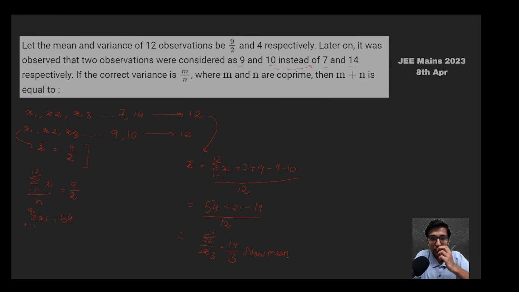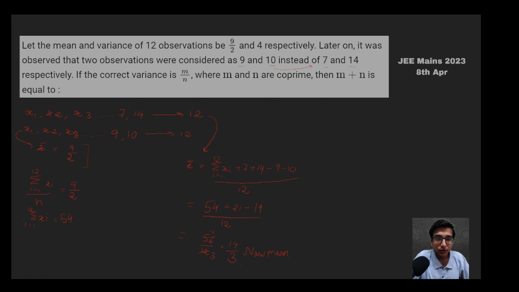Now let's take a look at the variance calculation from here. So in the variance, initially summation xi square, i is equal to 1 to 12, upon n minus x bar whole square was equal to 4.